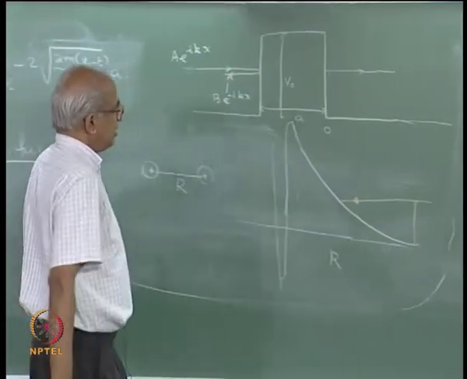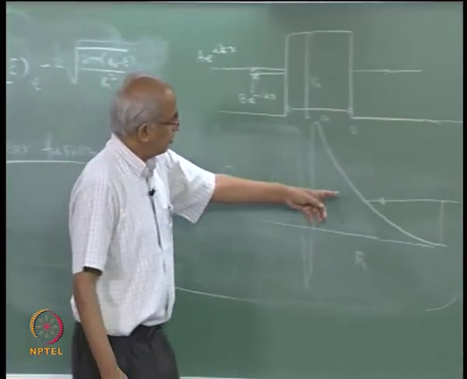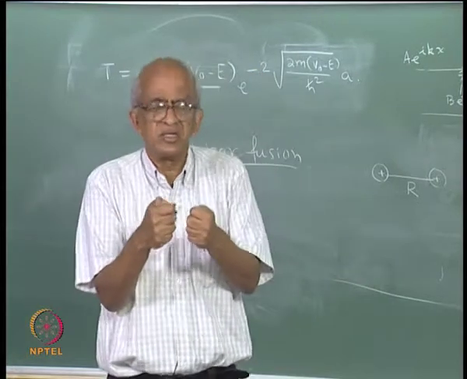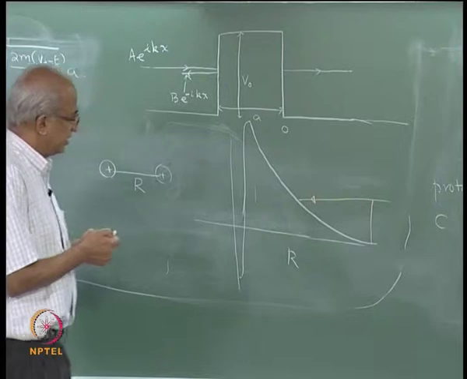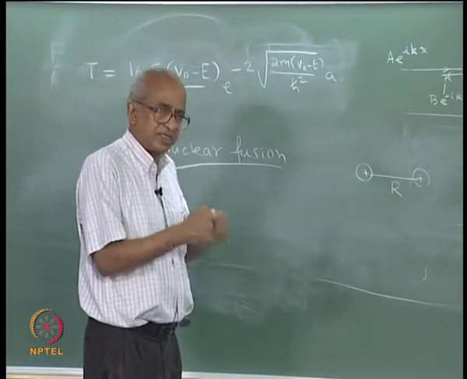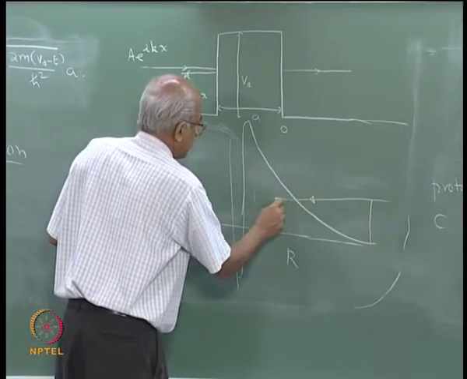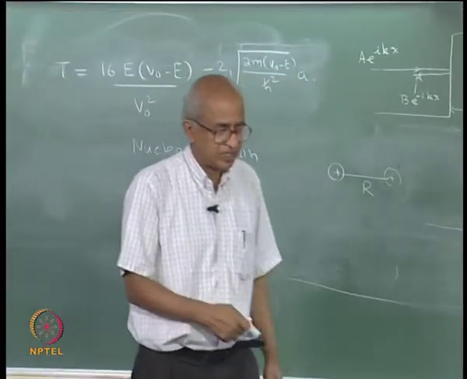Now obviously this is not enough to go over the barrier, and in fact if you think of the sun, the average kinetic energy with which the two nuclei come together is not enough for the system to go over the barrier and fuse together. Therefore in the sun when a nuclear fusion reaction takes place, it is always through tunneling. So what happens is that the system tunnels through here, and then the two fuse together.